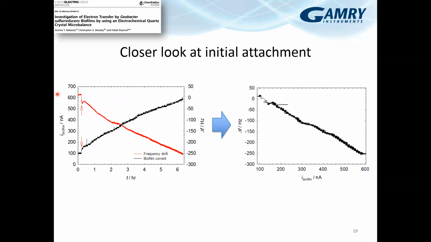That's considered your inline blank. Then you will spike in, or flow in, whatever is going to form your film. At that point, you'll know when you introduced the film forming agent, and then you will see the frequency response. Well, you expect to see a frequency response.